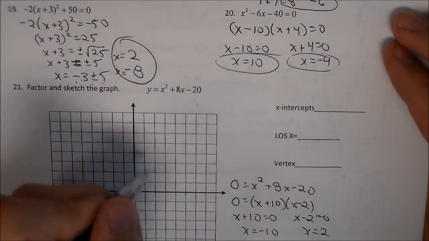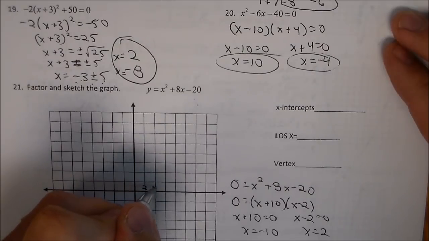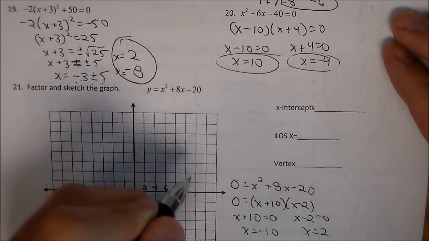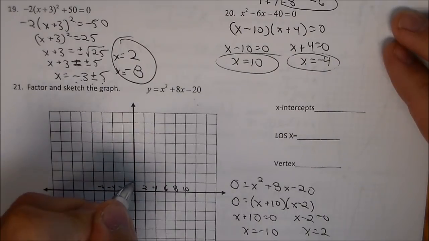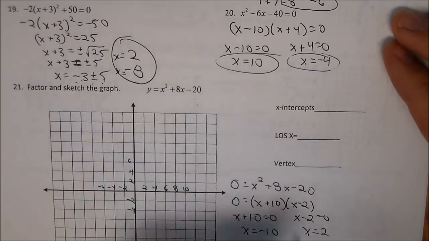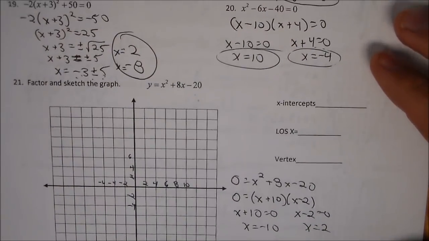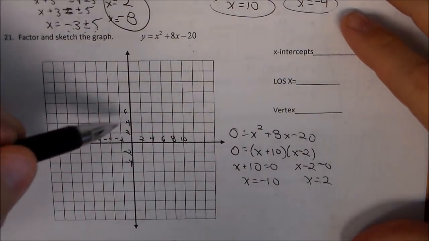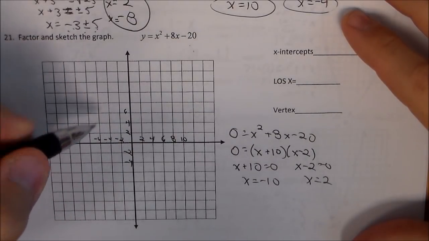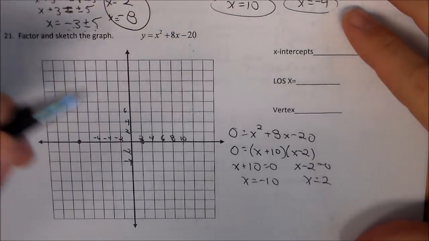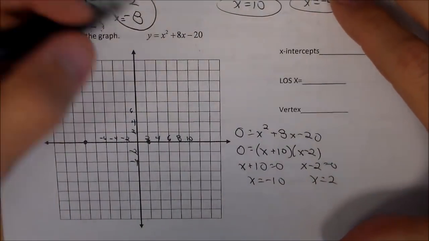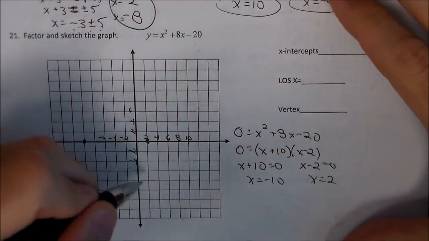Now for this one, let's make each unit 2. So this means negative 10. So if we go to our solutions, we have negative 10 and 2. Now we know it does open up. We have y-intercept is at negative 20.